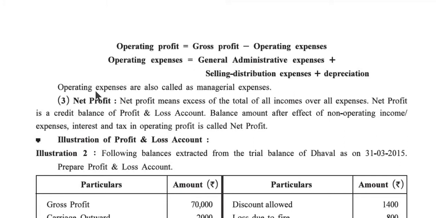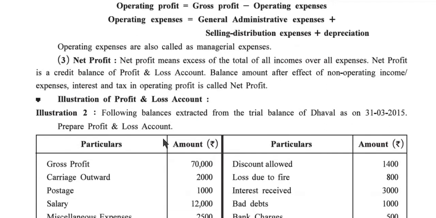Now third point, net profit. Net profit means excess of total of all incomes over all expenses. Net profit is the credit balance of the profit and loss account. The balance amount after the effect of non-operating income, expenses, interest and tax on operating profit is called net profit.